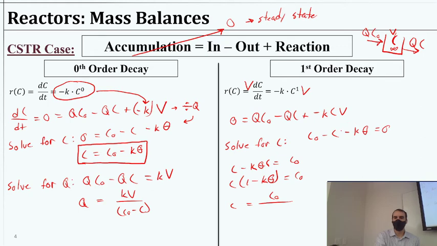I feel like I flipped the plus sign. Yeah, sorry. I added it back down here because I forgot. But I also feel like I flipped something. This 1 minus, I think this should be 1 plus K theta.